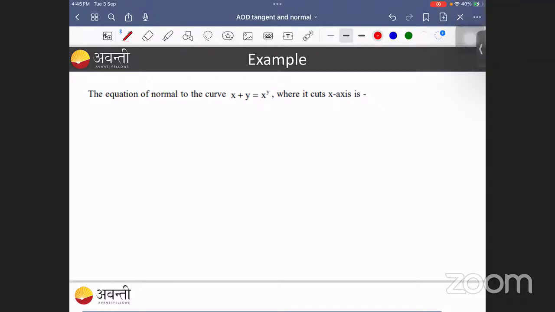By taking log on both sides and differentiating. And how did you take log on the left side?